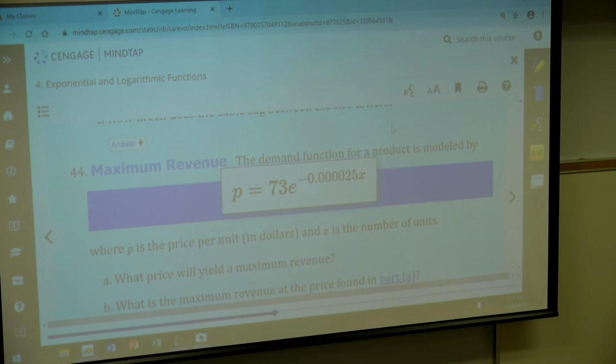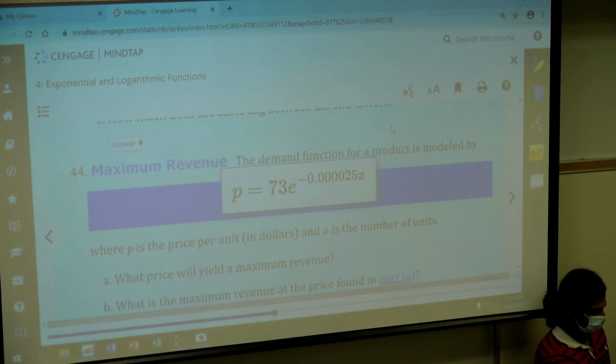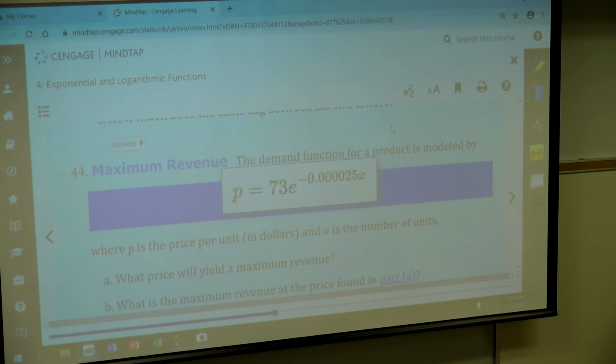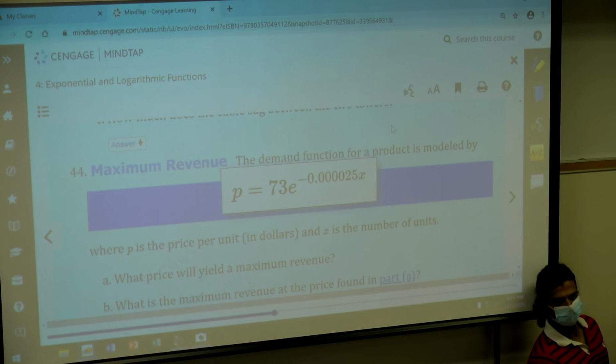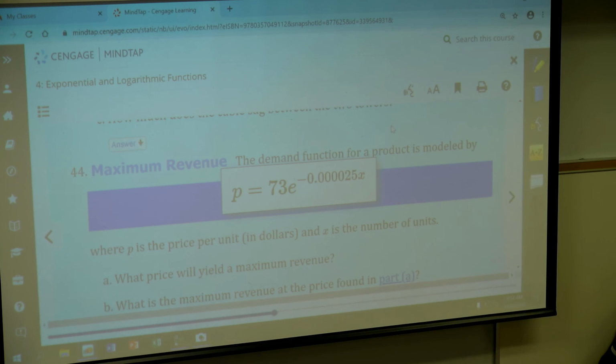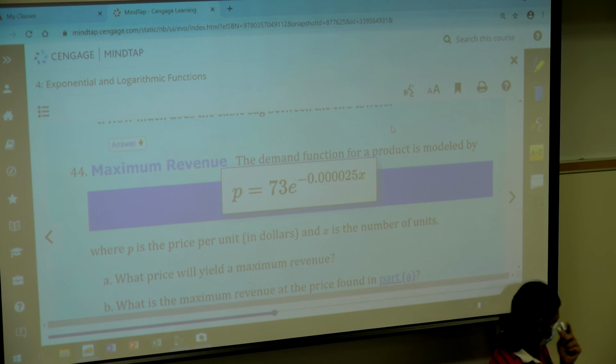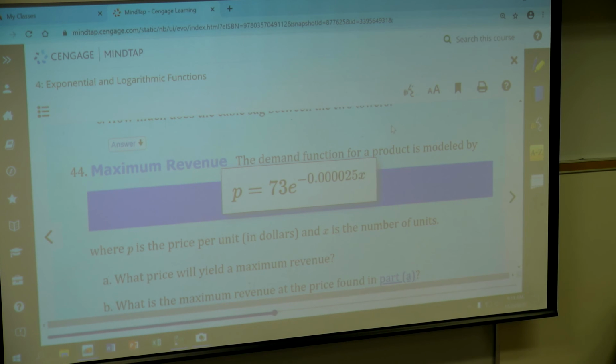This term and that term are one and the same, correct? On either side of the equal sign. So I can simply get rid of that, which will simply mean negative 0.0018x is equal to negative 73. The negatives will go away.